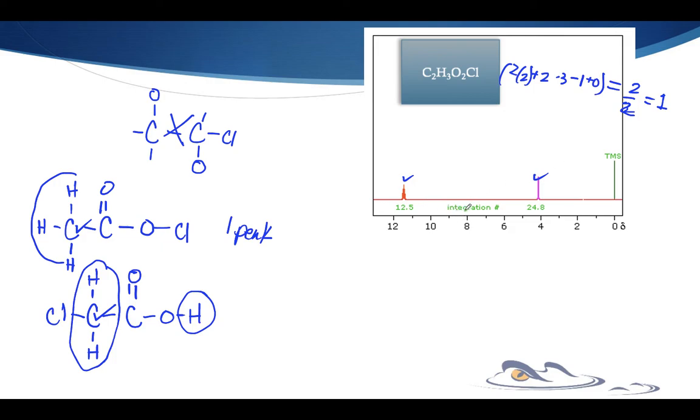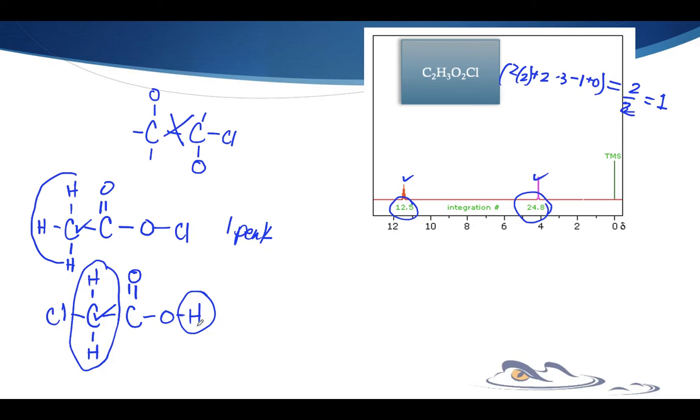I also notice in the integration number down here that the integral here is twice as big as the integral there, which says I probably have twice as many hydrogens in one environment as I do in another. If I look at that in my picture, yep, I have two environments, and this environment has twice as many hydrogens as that environment does. That's the way we use our clues.